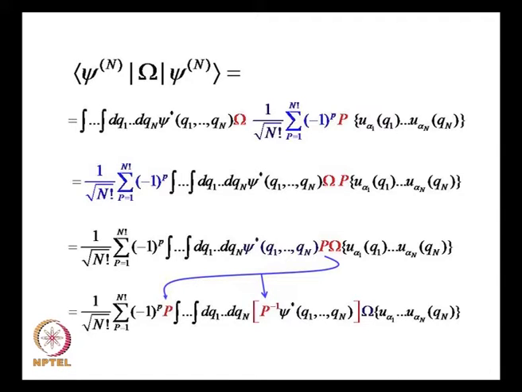Each variable is a set of 4 variables, mind you. And you have p inverse psi star, omega, and what you have over here is not the Slater determinant, but just the direct product of the diagonal elements in the Slater determinant.